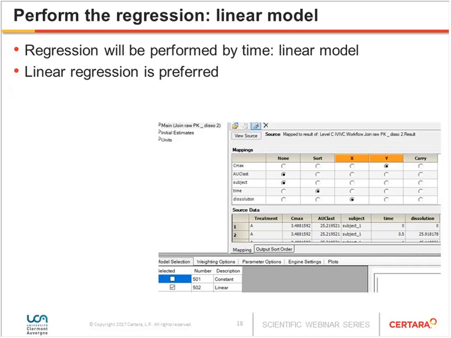You are going to use the linear model regression, and you are going to perform it by time. You use linear regression because if you have a nonlinear relationship, that could be a problem. So you use the joined raw data and dissolution, sort by time, and put the dissolution as X value and, for example in this case, the Cmax as Y value.